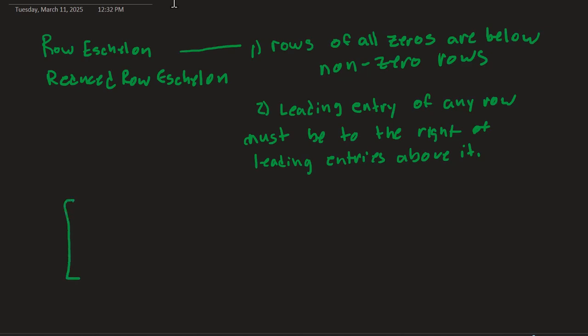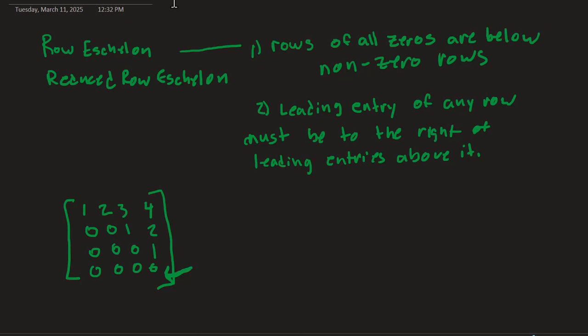So let's take a look at this matrix. 1, 2, 3, 4, 0, 0, 1, 2, 0, 0, 0, 1, and 0, 0, 0, 0. This is in echelon form because, first of all, the row that has all zeros is at the bottom.